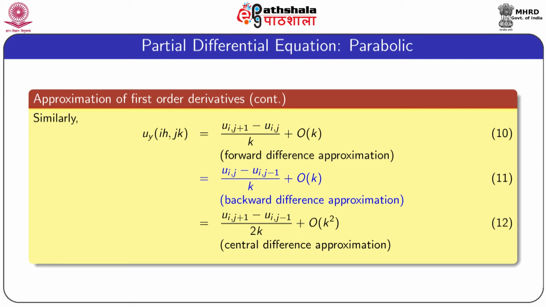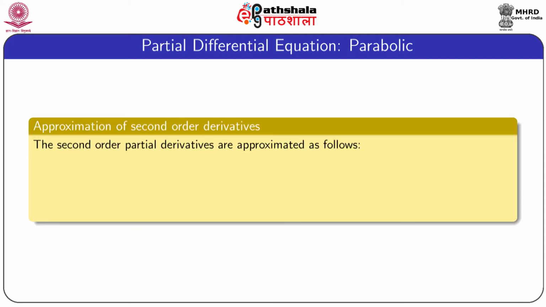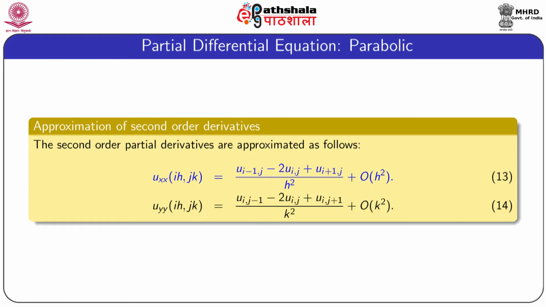Note that the central difference approximation gives a better answer than the forward and backward difference approximations. The second order partial derivatives are approximated as follows: this one is the central difference approximation of del 2u del x2, and this is the approximation for del 2u del y2. Note that in this approximation the truncation errors are of order h square and order k square.